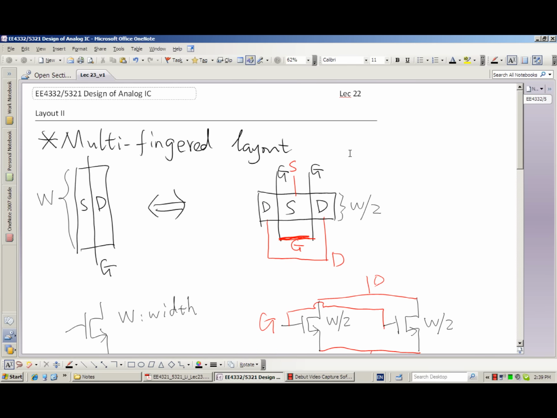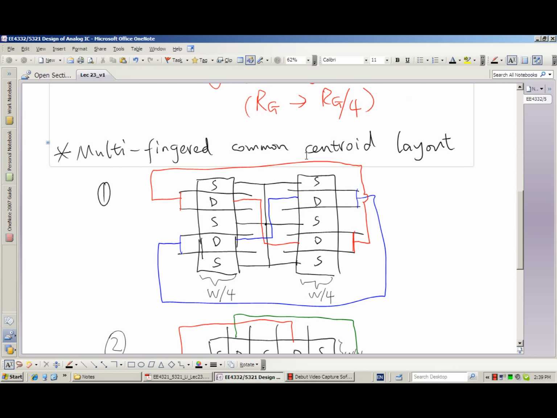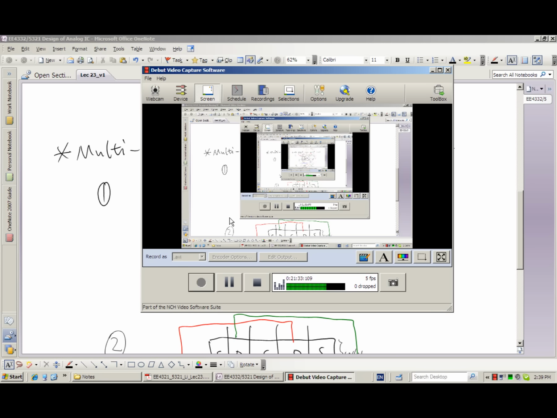Okay, that is the theory part, and next I'm going to use Cadence and show you the real layout of a differential pair using the multi-fingered common centroid layout theory.